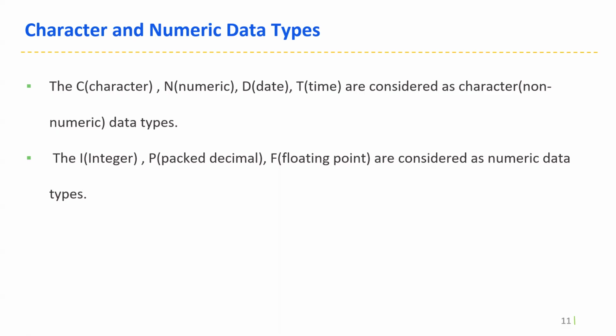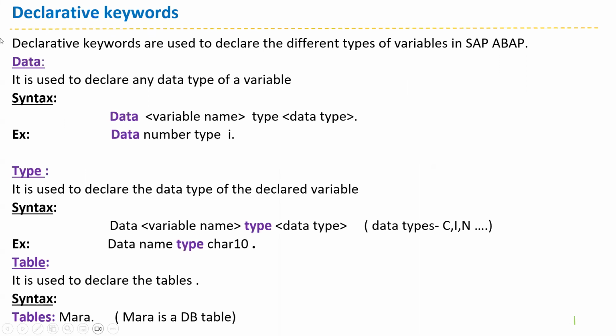Similarly, before we write actual logic, first we need to know a few keywords. Suppose I want to display a postal code. Before I write the code, I need to know how we can declare this data type in the system. For that, we need to know a few declarative keywords.